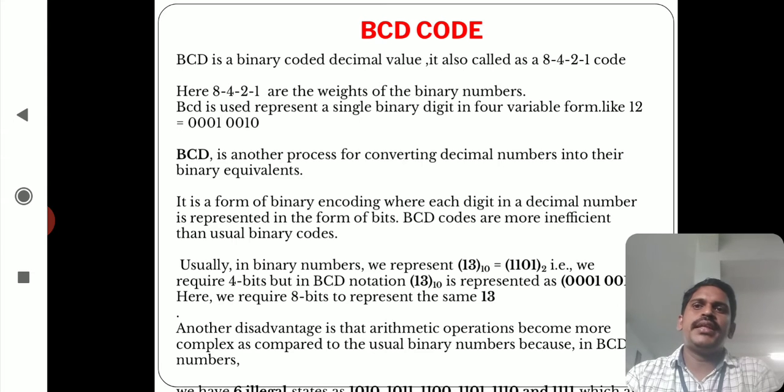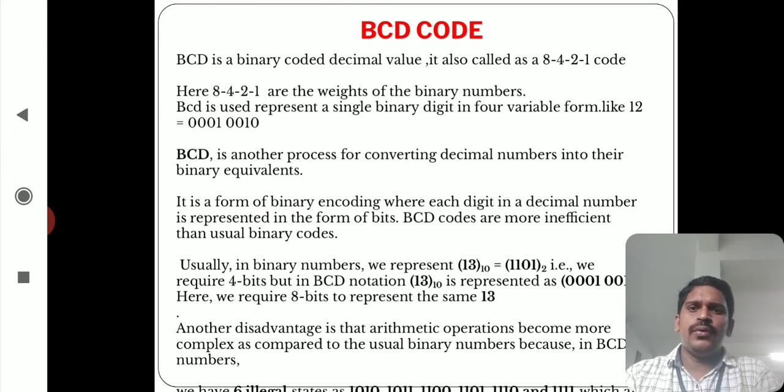In this way, BCD code is also available as binary coded decimal, that means the 8421 code. These are the binary weights. BCD is used to represent each decimal digit in 4-bit form.